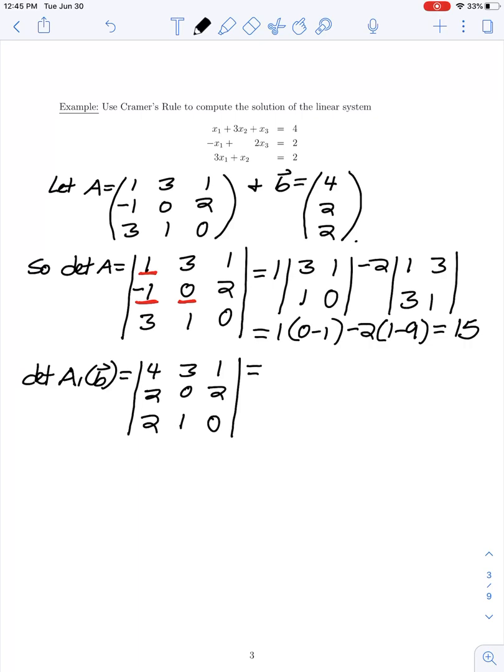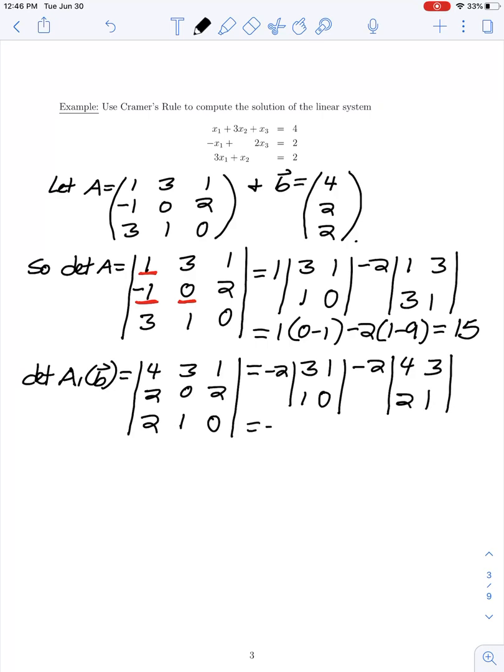So again, maybe moving along the second row since it contains a 0 entry, we have -2 times the determinant of 3, 1, 1, 0, plus 0, then -2 times the determinant of 4, 3, 2, 1.